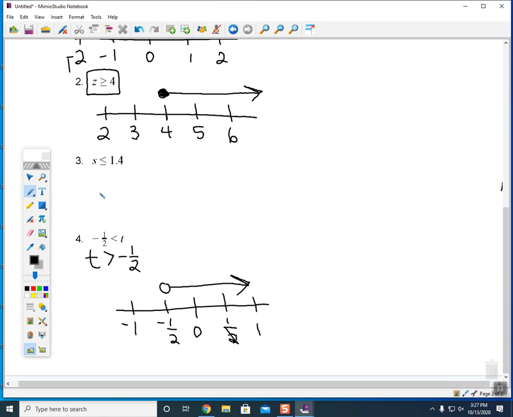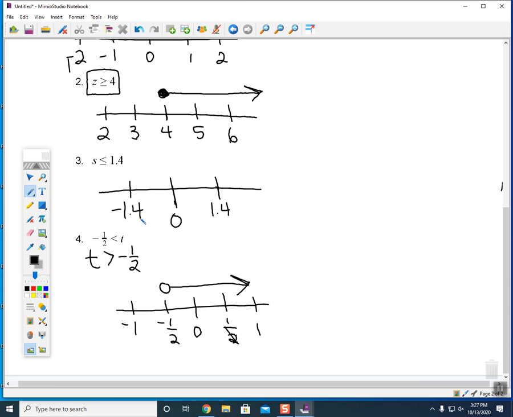Okay, same thing up here, right? I'm going to start with 0, and let's do 1.4 here, and negative 1.4.